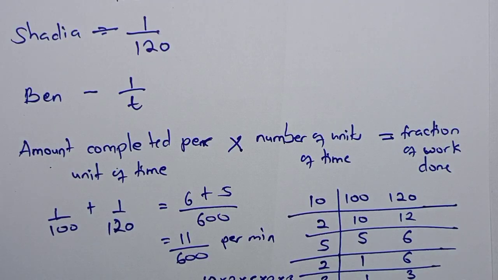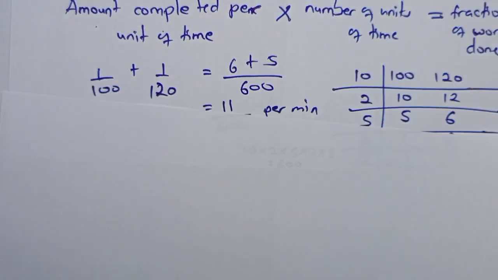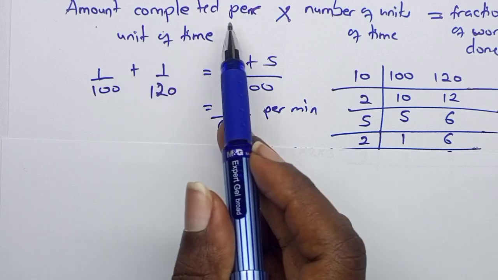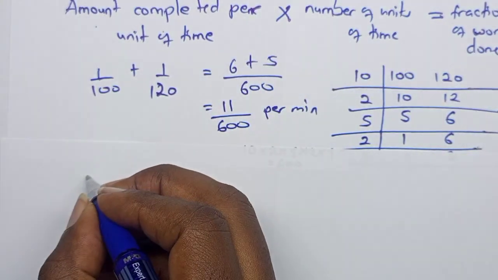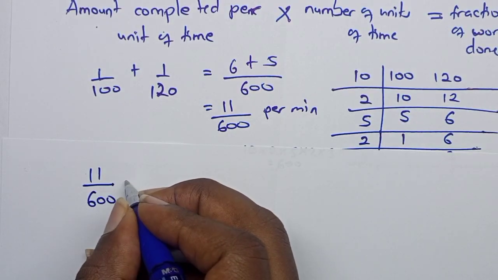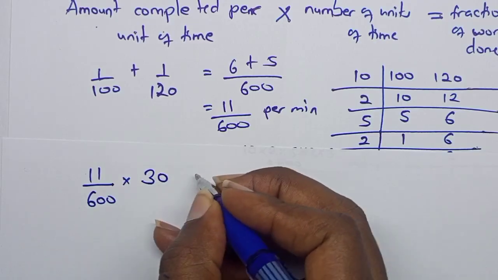Now remember, they work for 30 minutes before Ben joins them. If they accomplish this in 1 minute, then in 30 minutes, we said amount completed per minute times number of units. So the amount completed in 1 minute is 11 over 600, times the number of units of time, which is 30 minutes.